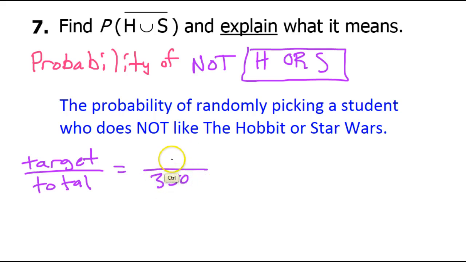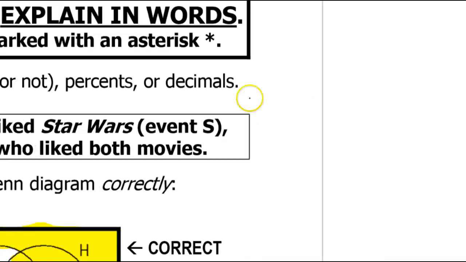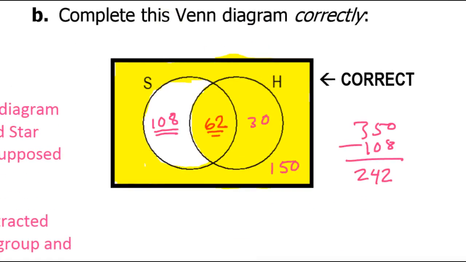So now we just have to figure out how many students do not like The Hobbit or Star Wars. Let's start by highlighting the people who like either The Hobbit or Star Wars. That's all of these.